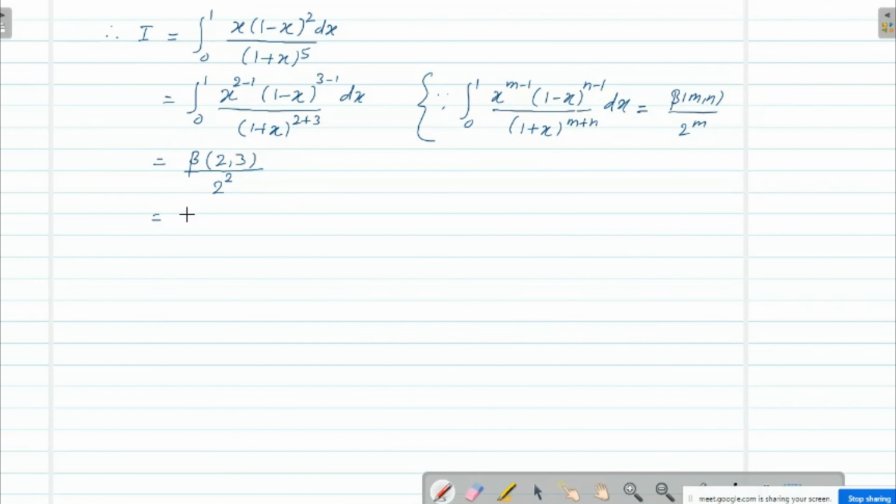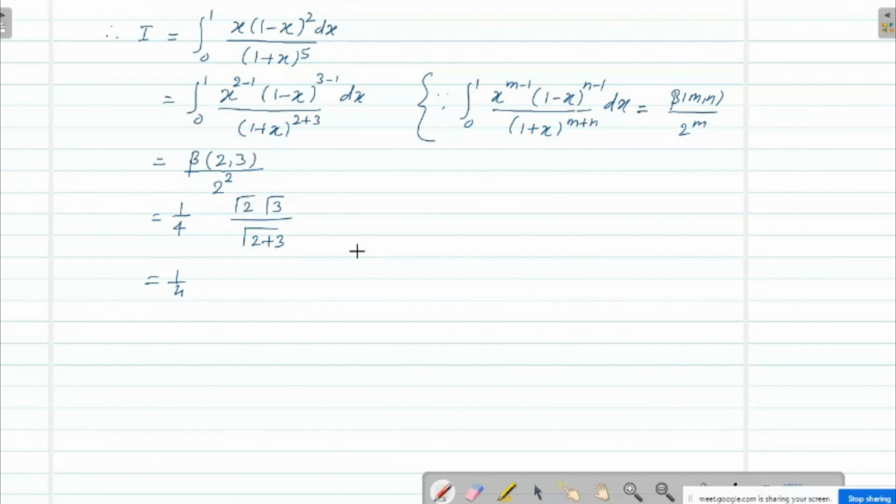Now this is 1 upon 2 to the 4. Now apply the proper relation between Beta and Gamma functions: this is gamma of 2 times gamma of 3 divided by gamma of (2 + 3), equal to 1/4.